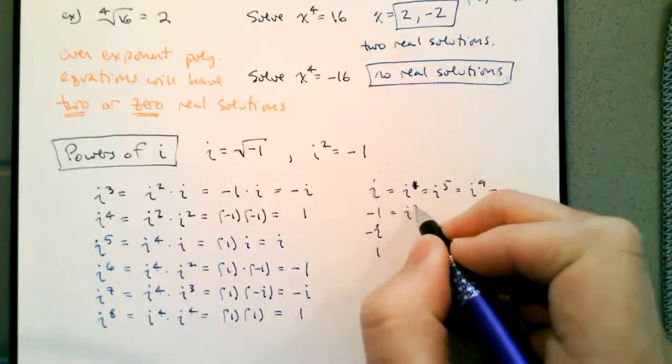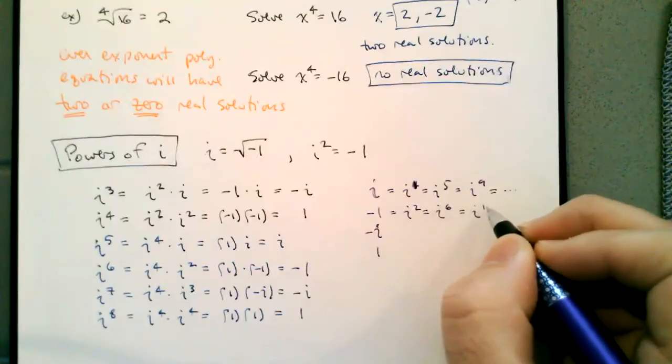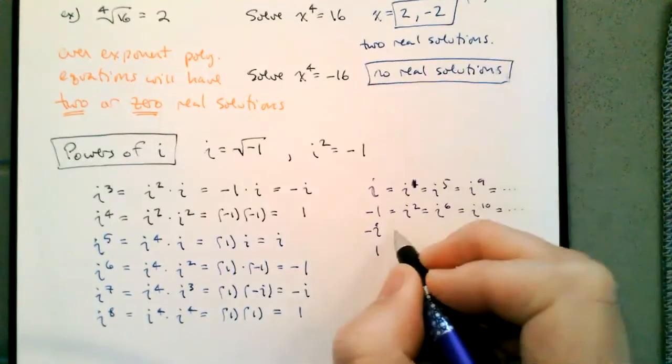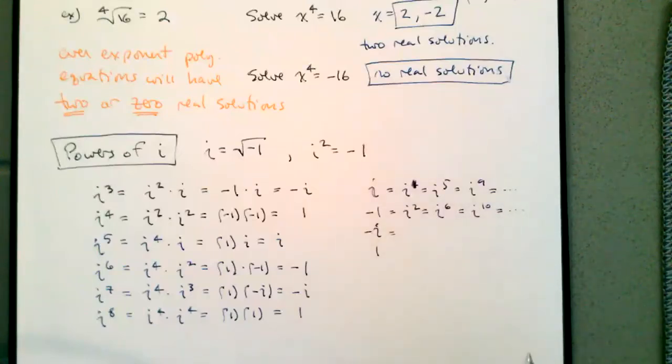Negative 1 will be like I squared, I to the sixth, I to the 10th, and so on. And they're just all off by 4, because every time we have 4 powers of I, a fourth power of I, we just have 1.